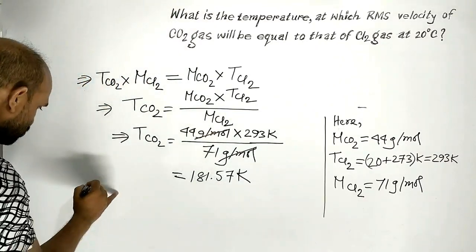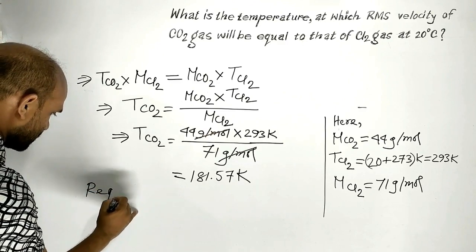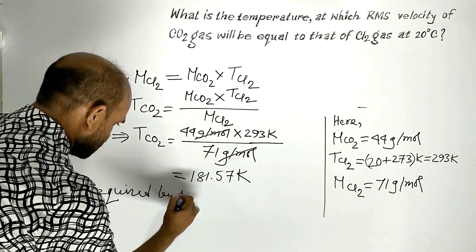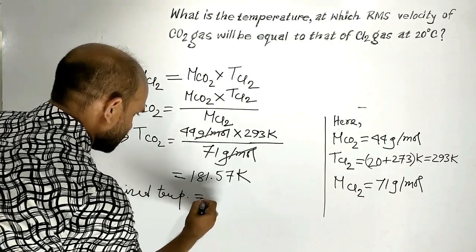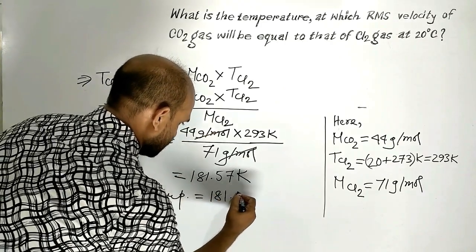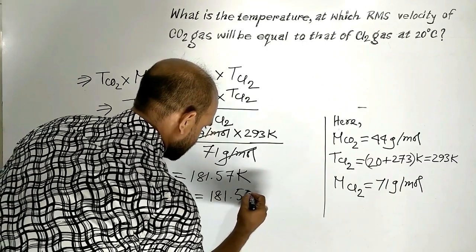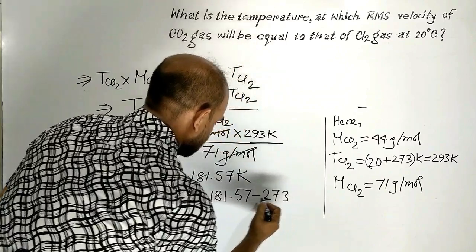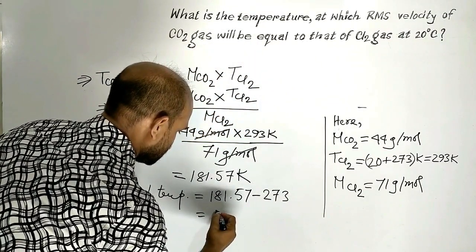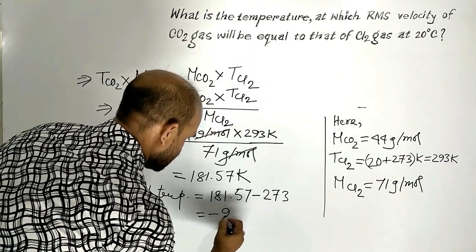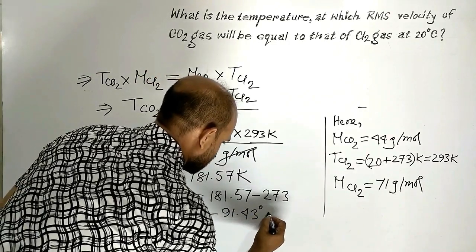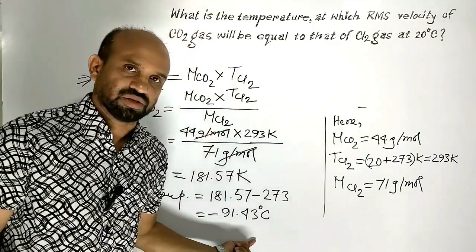Then required temperature is equal to 181.57 minus 273. This is equal to minus 91.43 centigrade or Celsius.